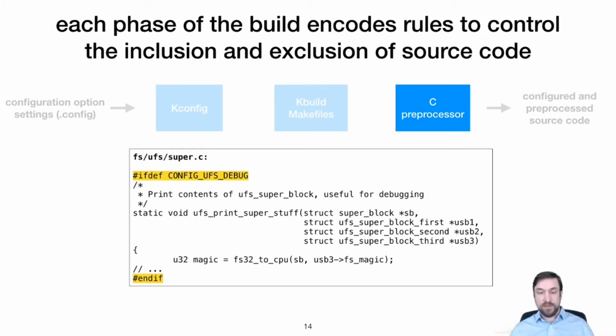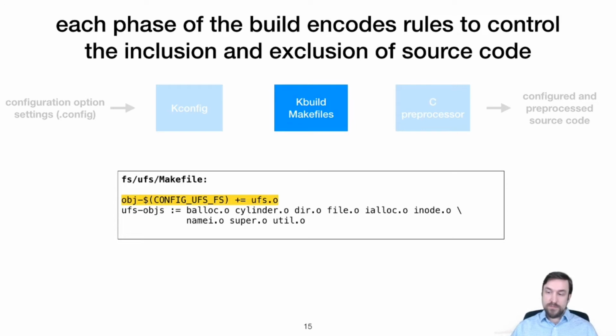This is an example of conditional compilation. The code within this ifdef and endif block only appears in kernels where the CONFIG_UFS_DEBUG option is enabled. So if we want to figure out how we got there, we need to understand how the C preprocessor chooses source code based on configuration options.